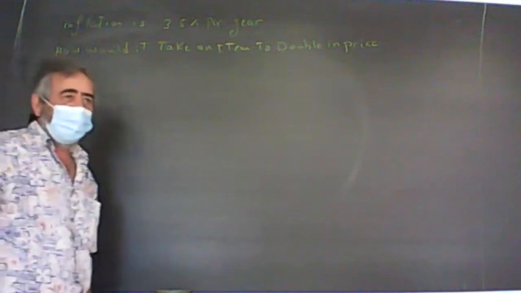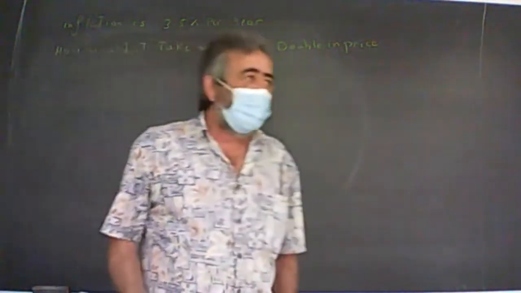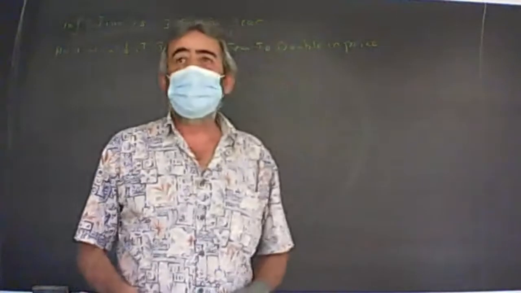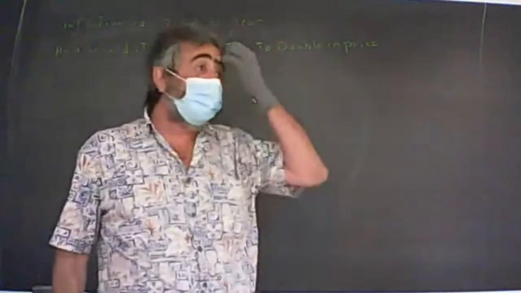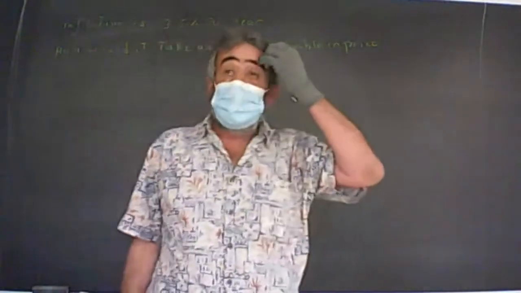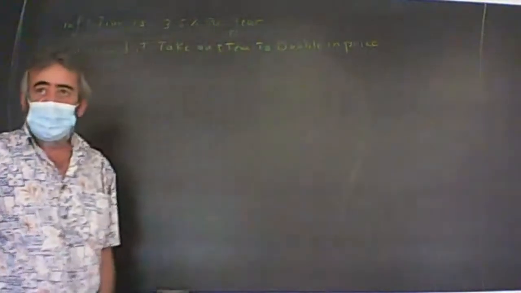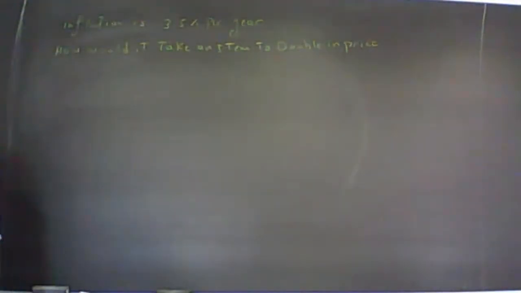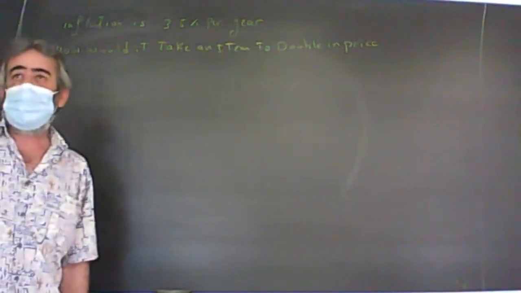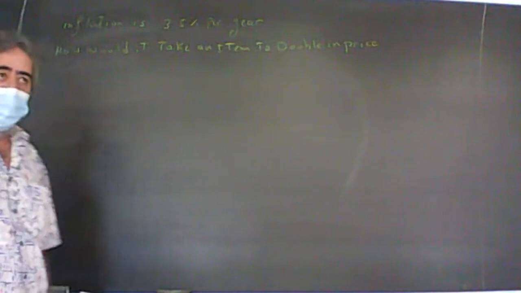Well, we treat inflation basically like we treat compound interest, compounded annually in this case, since the inflation is happening once a year. Since inflation is happening once a year, let's go ahead and treat that as compounded annually.